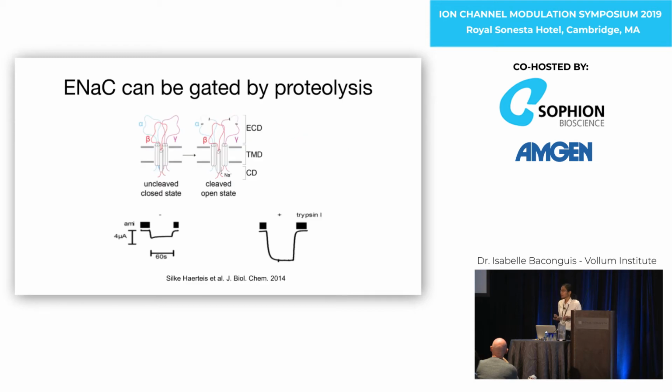The most popular role of ENaC is in the kidneys. Here it's just a little cartoon of the distal nephron. What it does is select or regulate the last 5% of sodium in your body, so essentially it decides how much sodium you should have.